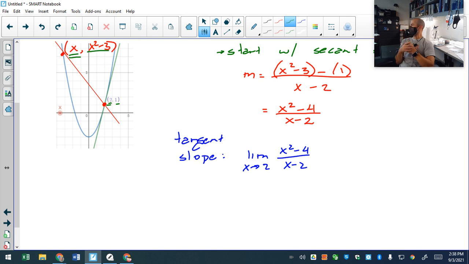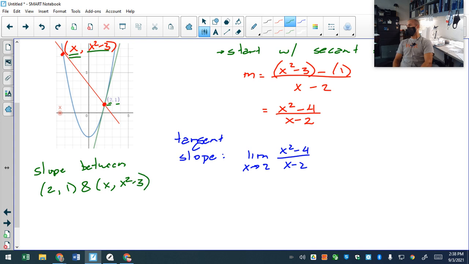We're finding the slope between the points. We have one point that's really sexy, (2, 1), and the other point is a generic point like that. So we're subtracting y's and subtracting x's. I kind of said the same thing over again.